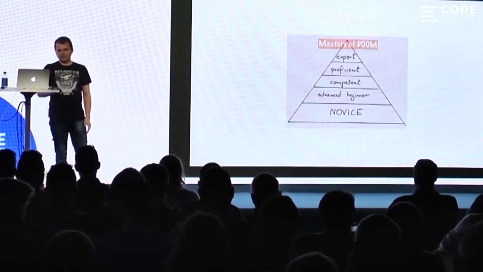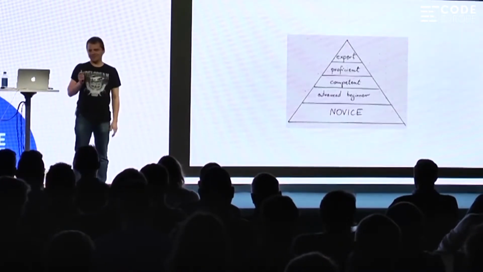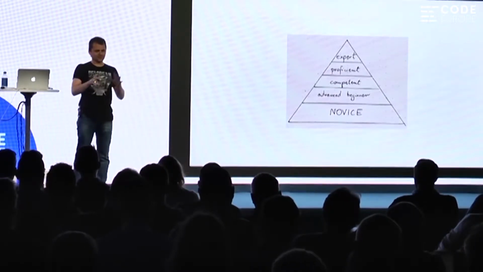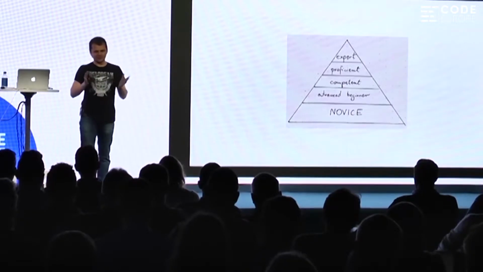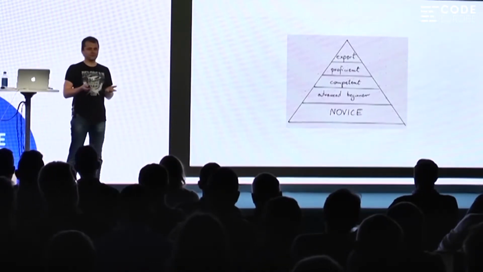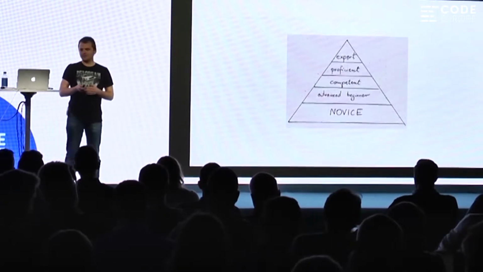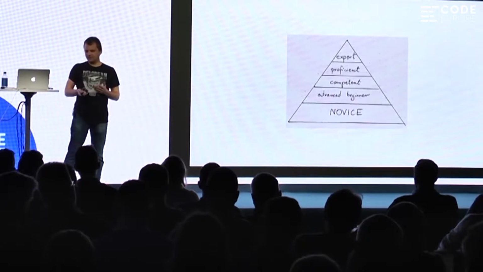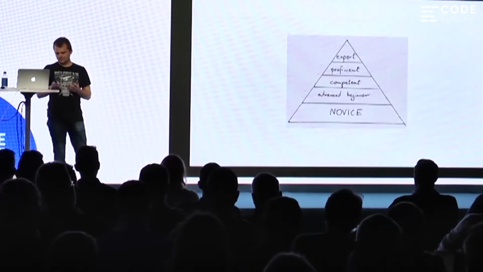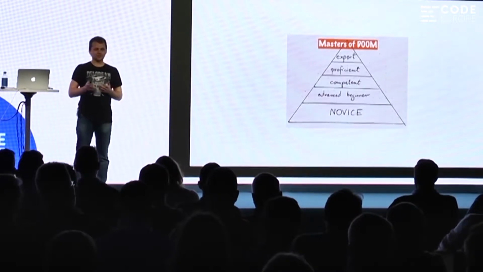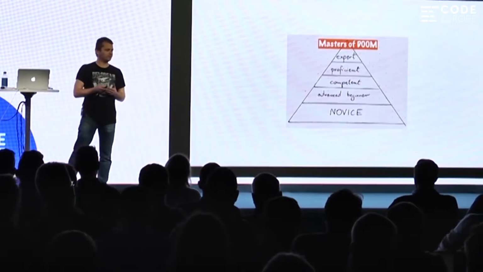Then you move to advanced beginner, so basically you have some understanding, but you're dangerous. Then you're competent, so someone is paying you money for it, let's say. Then proficient is like tech leader kind of level. And the last one, experts, like Masters of Doom, Carmack style of guys.